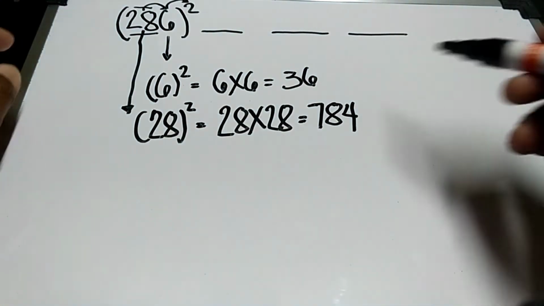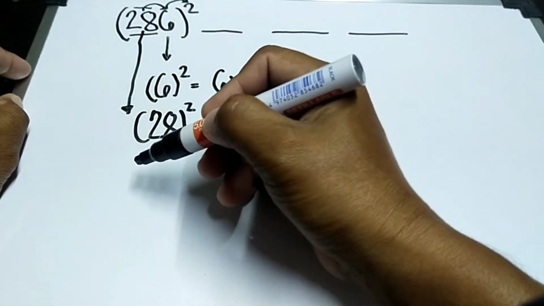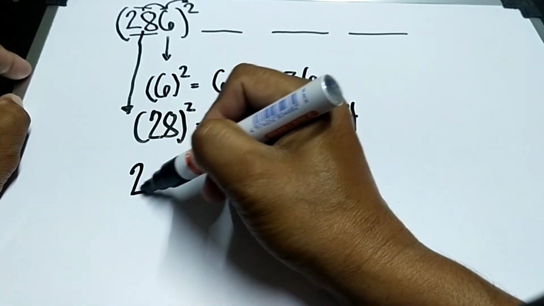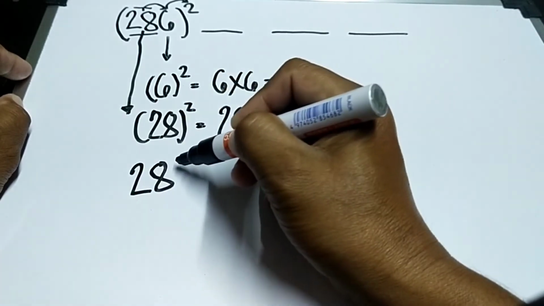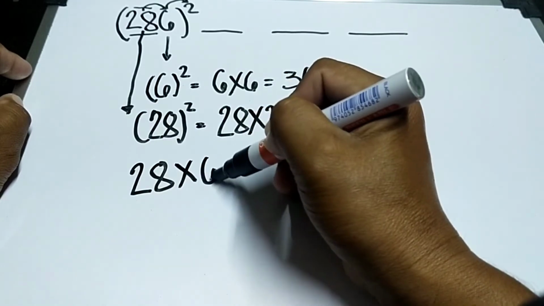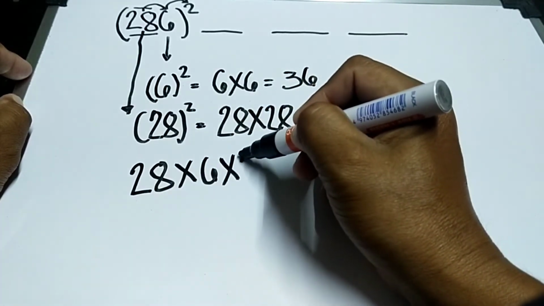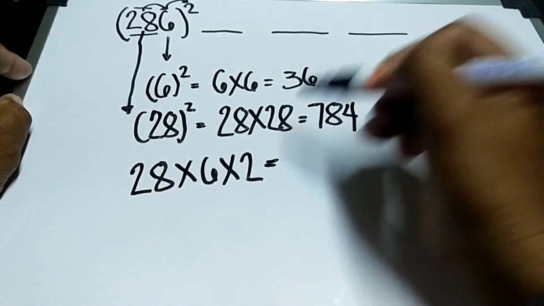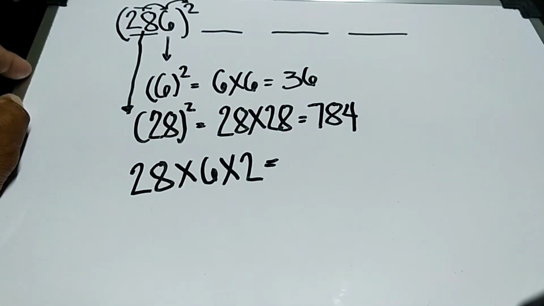Okay, so this looks like this: 28 times 6 times 2. Okay, so 28 times 6 times 2.